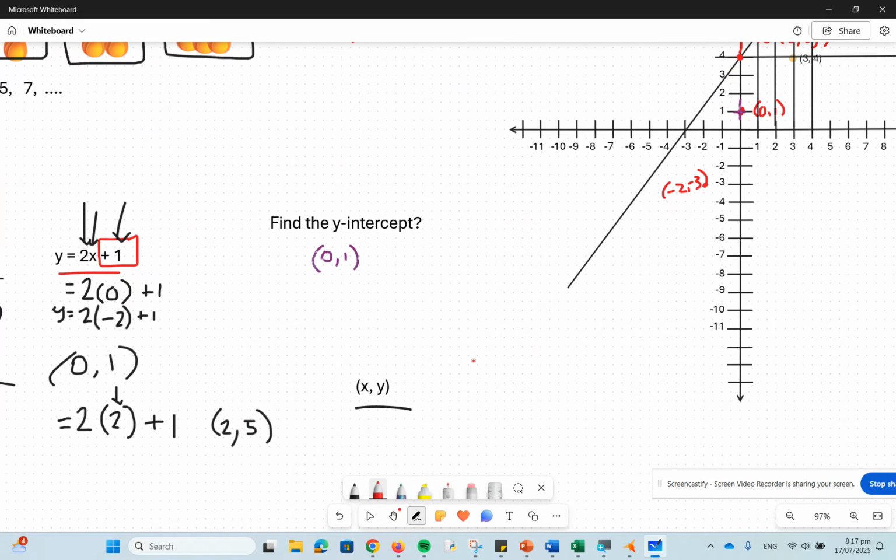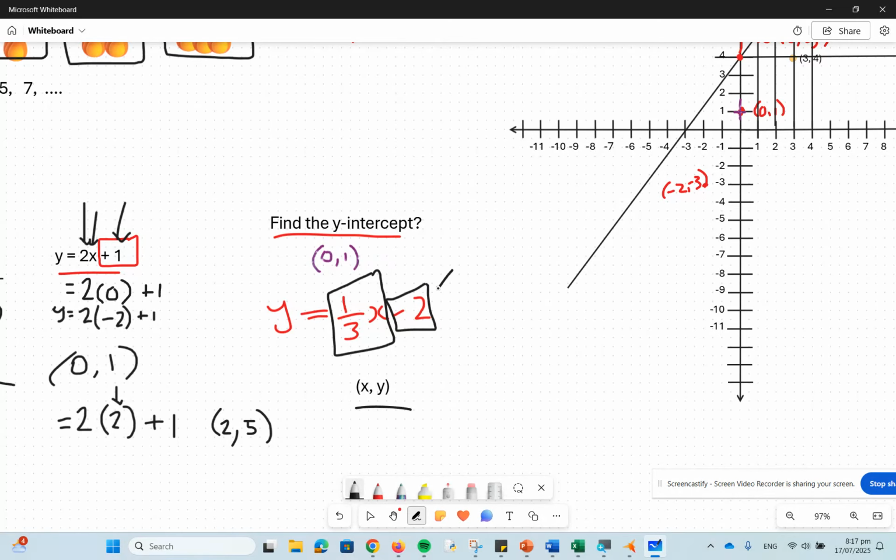So what are the things to remember? Finding the y-intercept in a formula. If you're given an equation like 1/3 x minus 2, I know that this number here has got an x, and this number here has got no x.